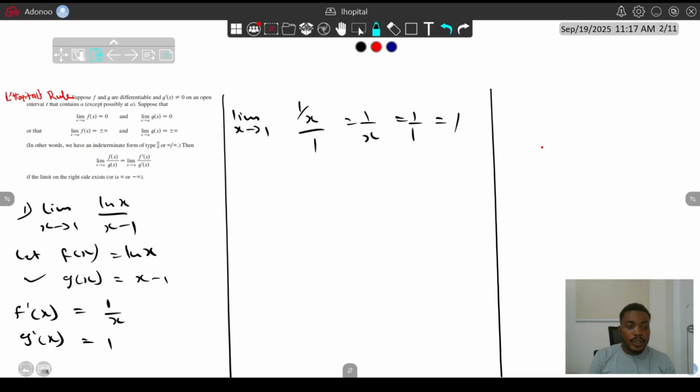All right, so now let's look at the second one. The second one says limit as x approaches infinity of e raised to the power x over x squared. All right, we have already tested the limit point.